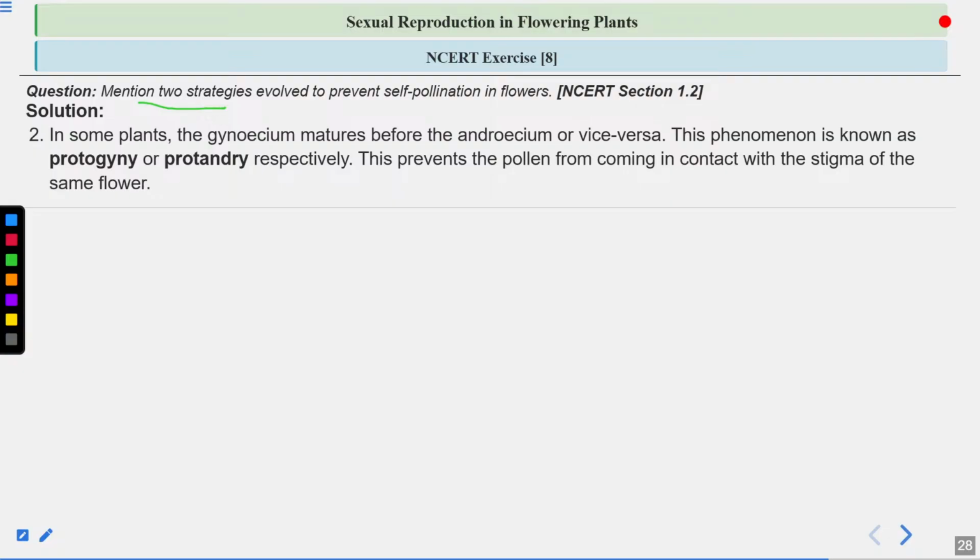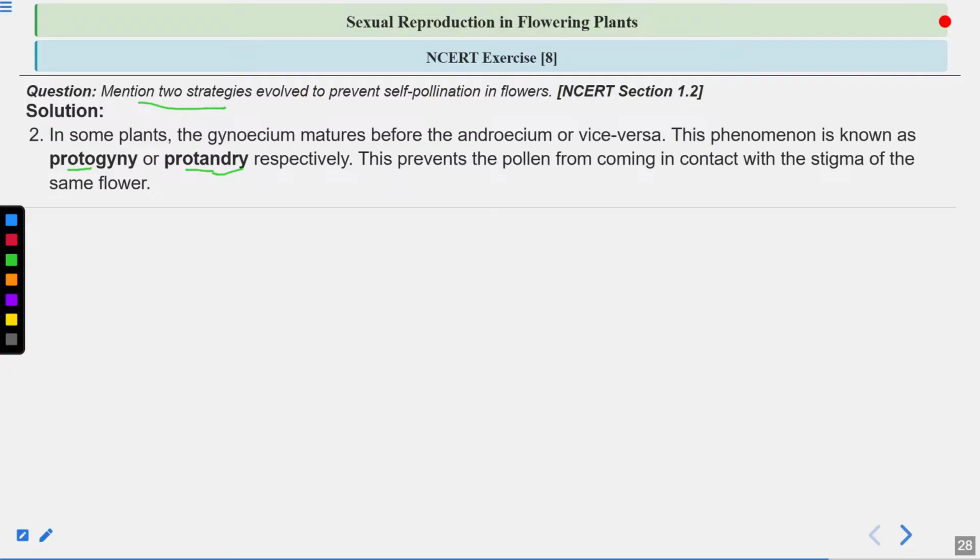There are two phenomena called protogyny and protandry. In the case of protandry, the androecium matures earlier and the gynoecium matures later in the same flower.